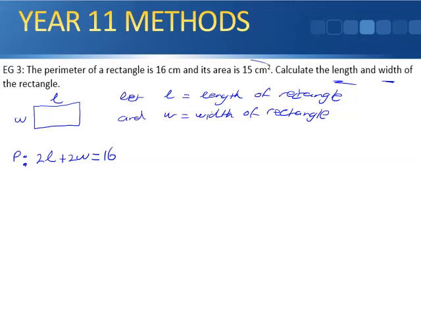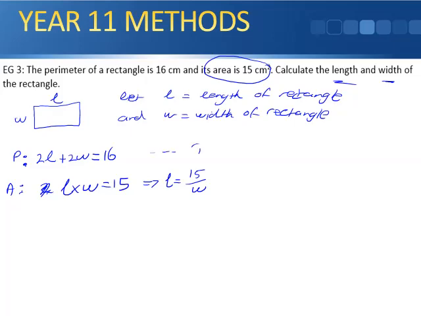The other thing that they give us is that the area is 15 centimeters squared, and I know that for the area of a rectangle, I get the length and the width. I multiply them together, and that gives me 15. So really here I have two equations, and I can solve them whichever way I want. I will rearrange this equation and have it written as L equals 15 divided by W. It's up to you if you put L or W, it doesn't matter which one we find first.